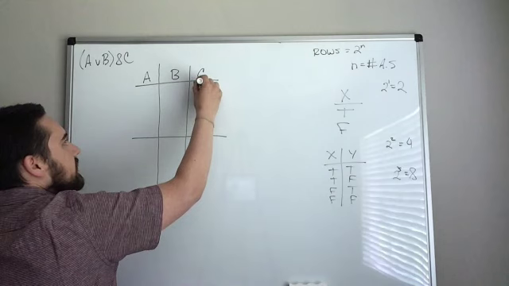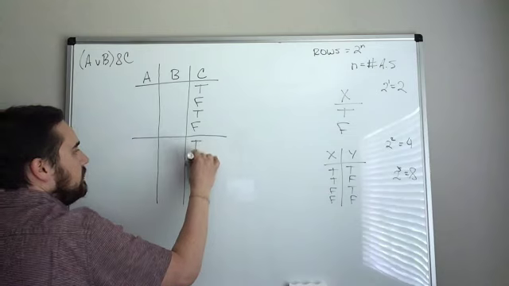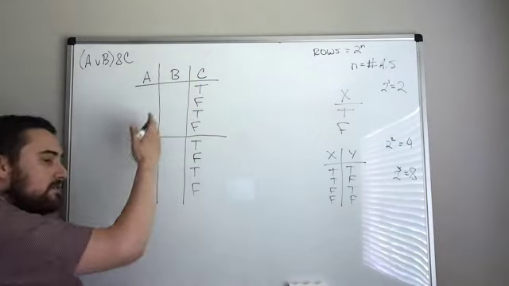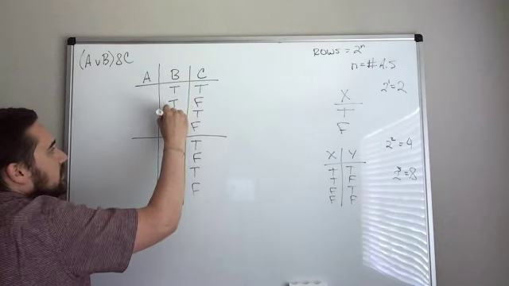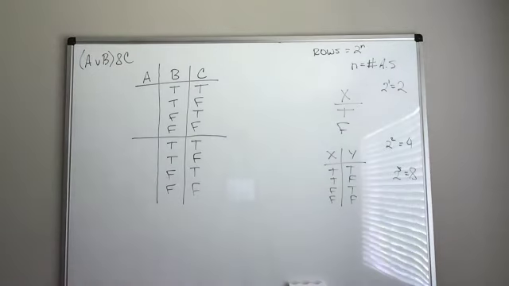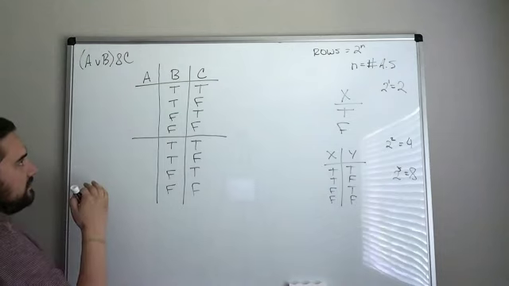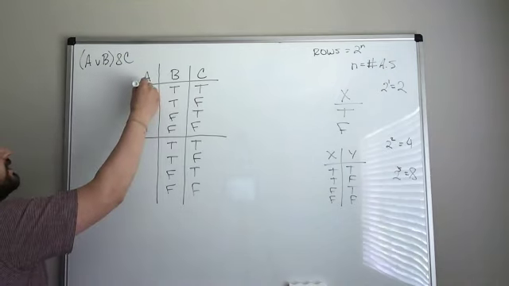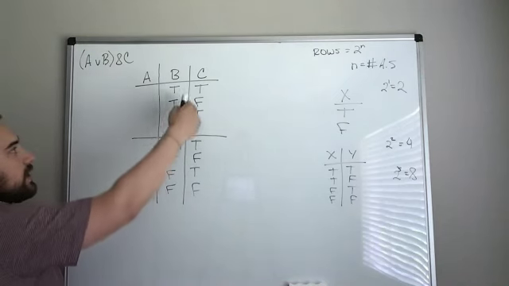And we're going to continue to alternate one by one. True, false, true, false, true, false, true, false. 8 rows. In the second rightmost atomic sentence, we're going to alternate 2 by 2, which is again what we've been doing. Only we're going to continue for 8 total rows. And then in the third rightmost atomic sentence, or you could just say the leftmost, because we're not going to do any problems that have more than 3 atomic sentences, we're going to double again.